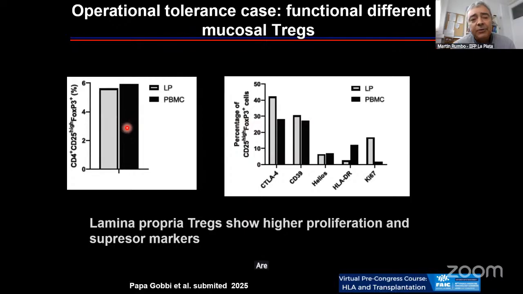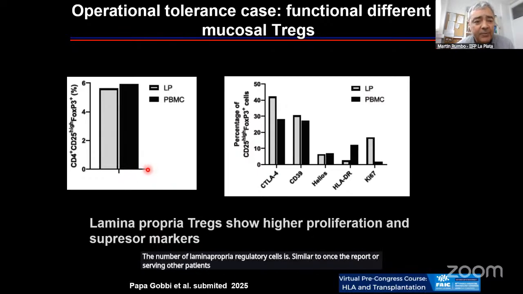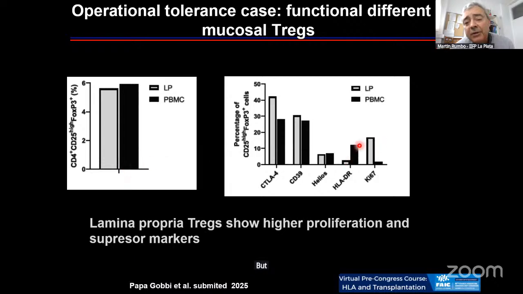Another interesting observation that we have in this case is that the number of lamina propria regulatory cells is similar to the ones reported or observed in other transplant patients. But what we observe is that, even compared with the PBMC CD4 cells or to other transplanted patients, there is a much higher percentage of CTLA4 and also markers of proliferation.